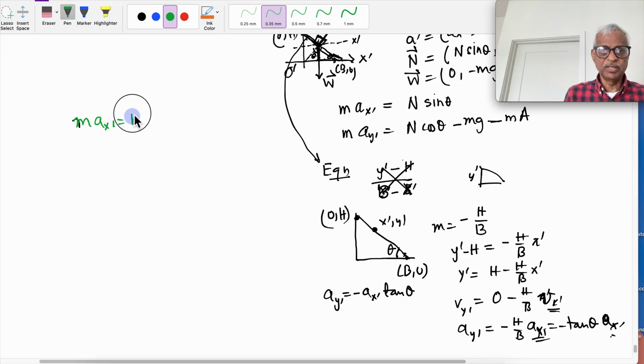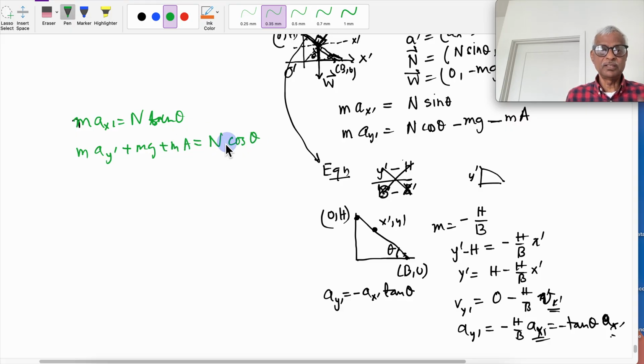m a x prime equals N sine theta, and m a y prime plus mg plus m a equals N cosine theta. And so this one can be replaced with minus m tan theta a x prime. Now take a ratio of this.